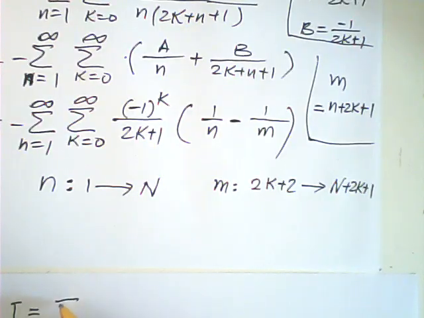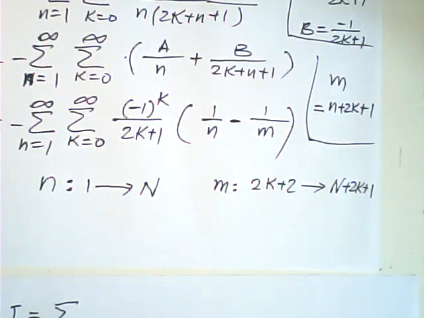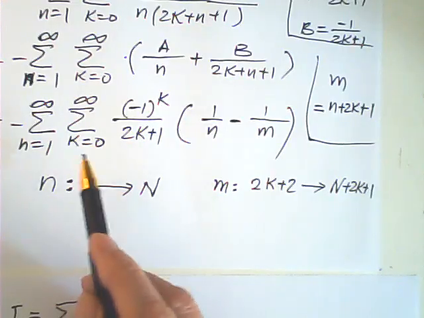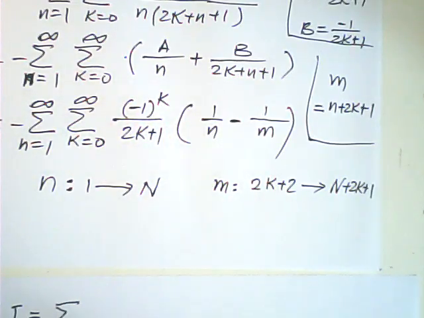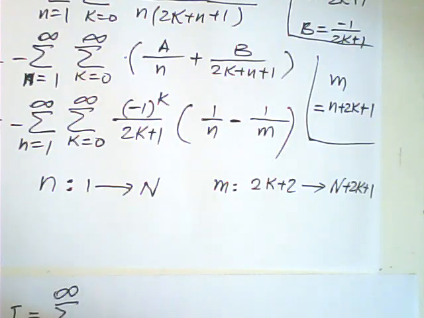So this becomes sum n from 1, and now I take this positive k first, k from 0 to infinity, and then 2k plus 1, and this minus 1 to the k plus 1.